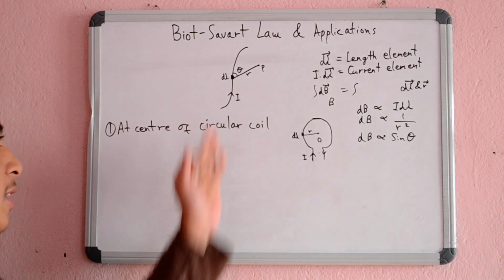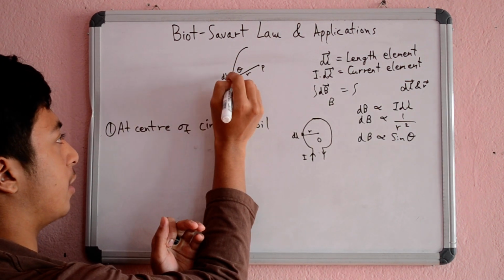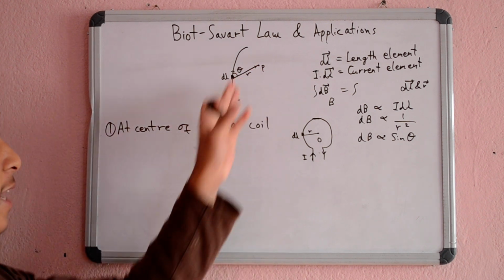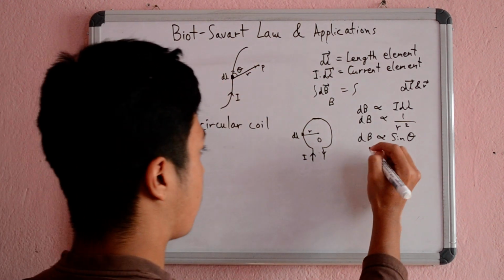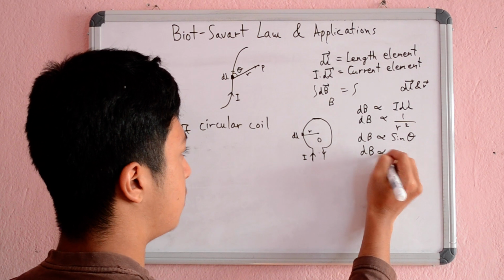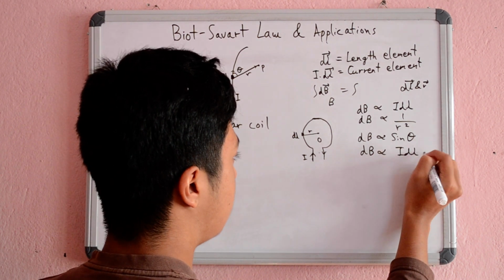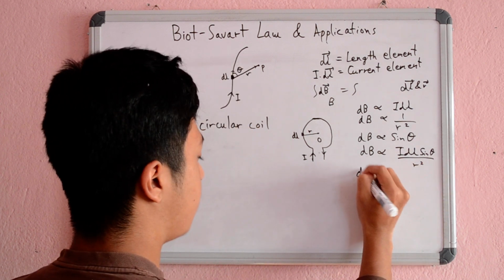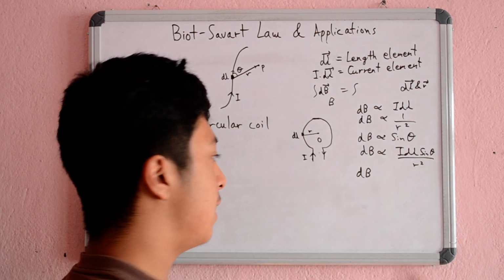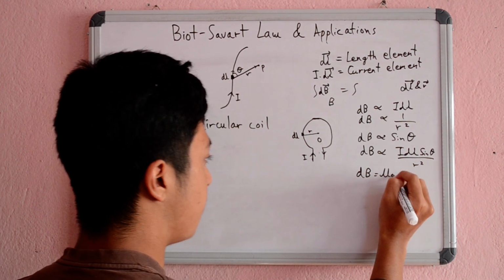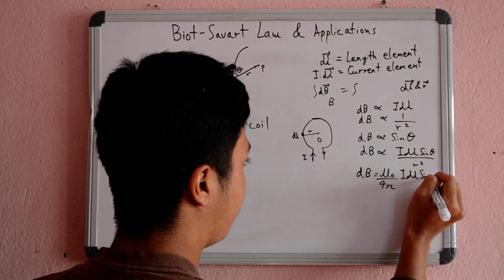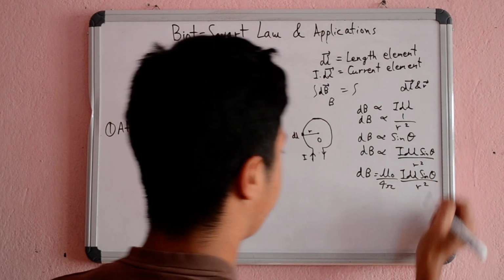So in this figure, dl is this going here and radius is this, and that is the angle between them, and combining together we get I dl sine theta by r square. And here we have a constant, of course, and for that constant we have mu naught by 4 pi, I dl sine theta by r square.